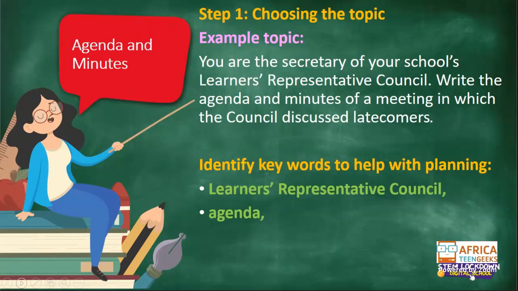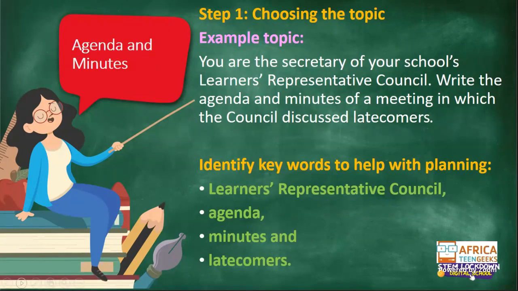Well done, Vicky. But what are they supposed to be about? The other big keyword is latecomers. Those are the keywords that you have to find first before you can start planning for your meeting, for your agenda and minutes.